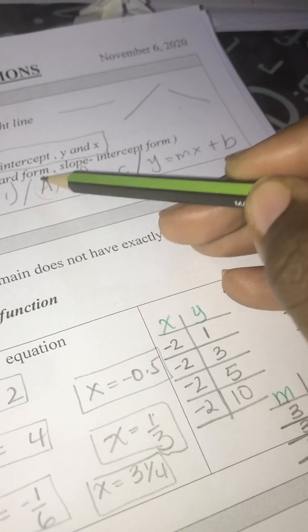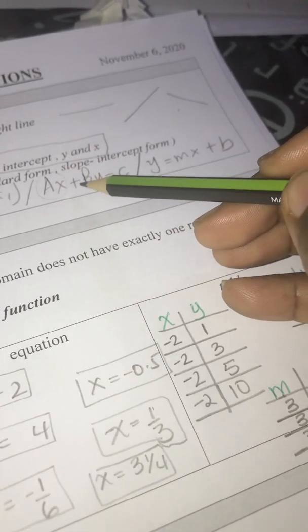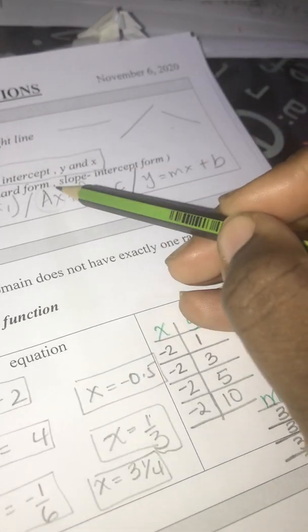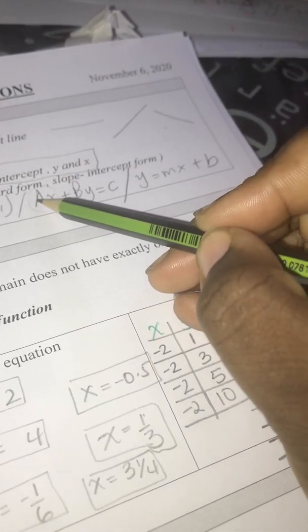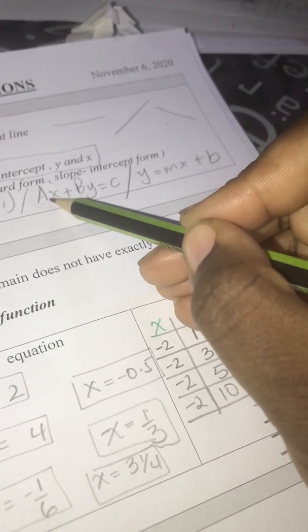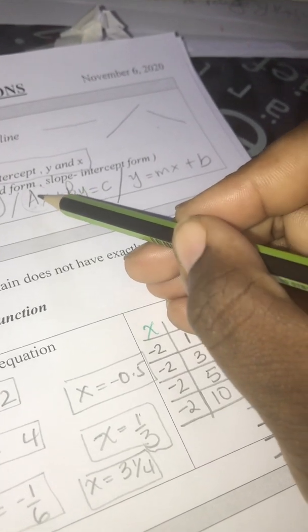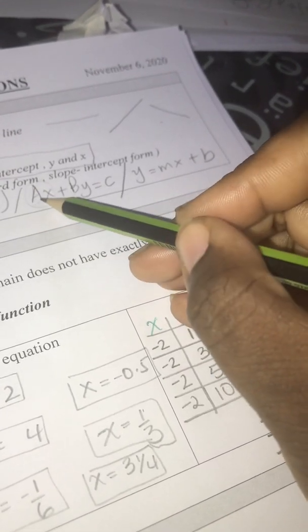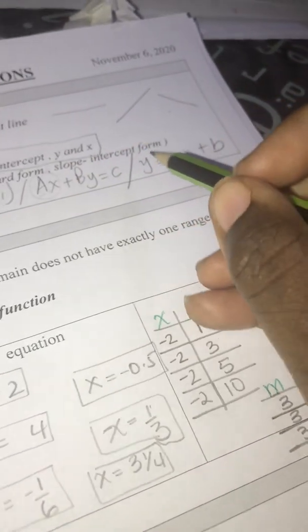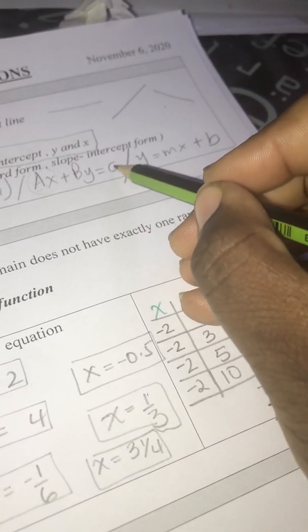So if this is -3, my slope will be 3. If this is -5, my slope will be 5. If this is 2, my slope is -2. So the opposite of A is your slope after you have divided by B. So you find the opposite of A and then divide by B, that will be your slope. Okay? Your C, it is just whatever it is here, but you have to divide by B.